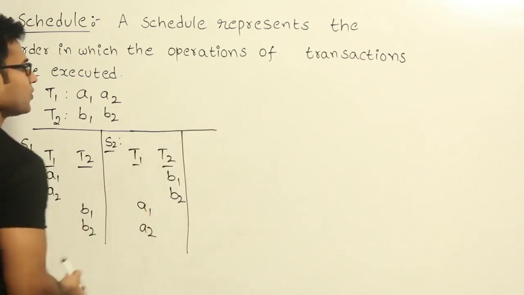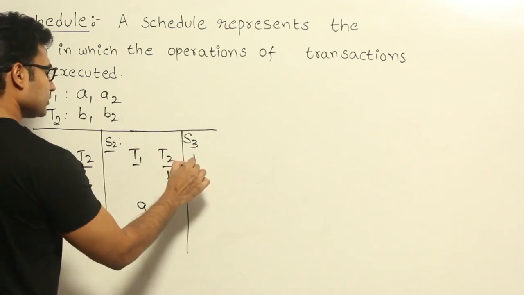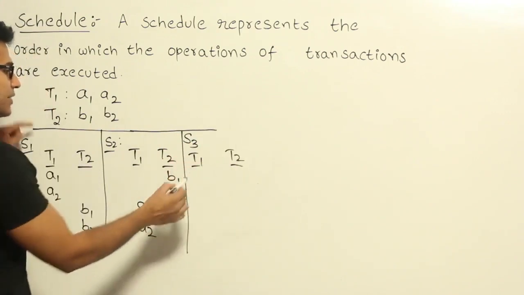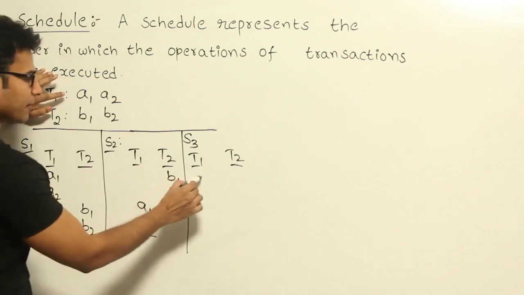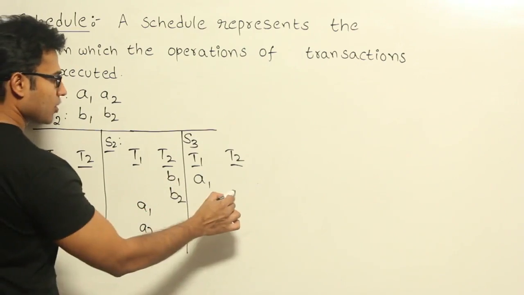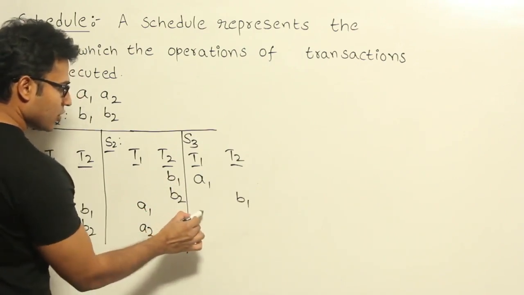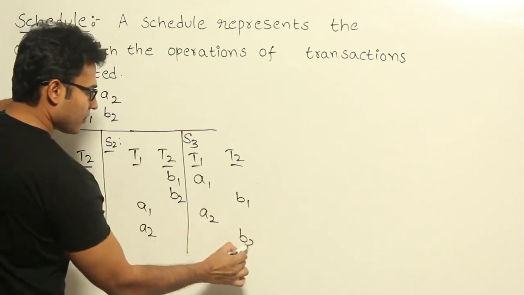Similarly, you can have some other type of schedule in which, let's say, I start with one operation from T1, which means A1, and then one operation from T2, which means B1, and again one operation from T1, which means A2, and then one more.